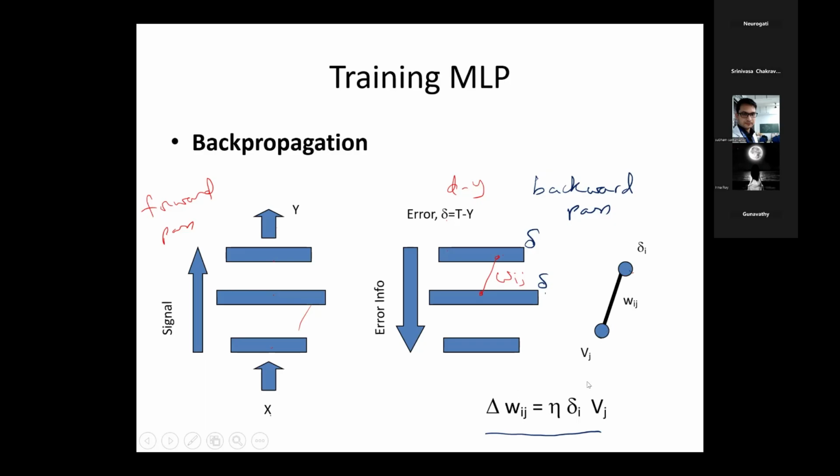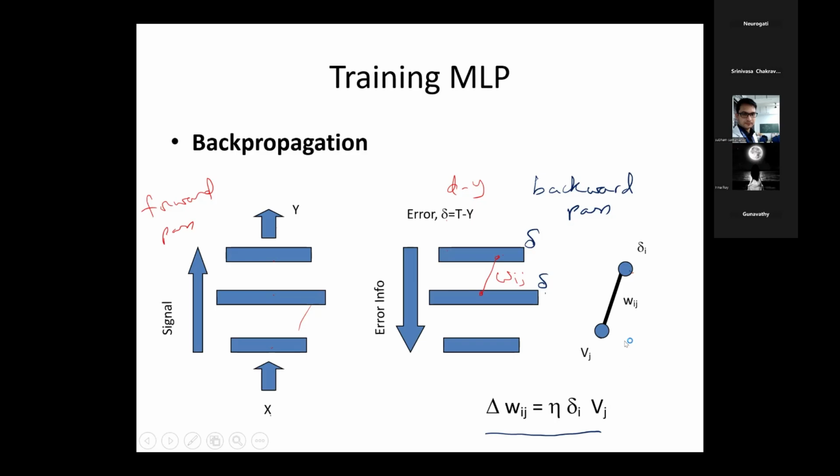The weight update, delta W, is simply proportional to the product of the delta at the top and Vj at the bottom. In the product there's a multiplication factor, which is eta, the learning rate. So the expression for a weight update is eta times delta A times Vj.